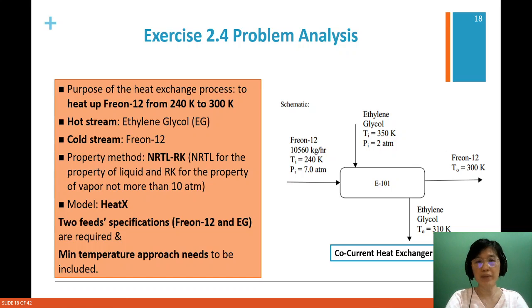And remember, the minimum temperature approach must be at least 10 Kelvin, so this information also must be included during the simulation. And the type of heat exchanger here is a shell and tube cocurrent heat exchanger. Okay. And the specification for the streams is also summarized in the diagram on your right. Okay, this is the diagram.